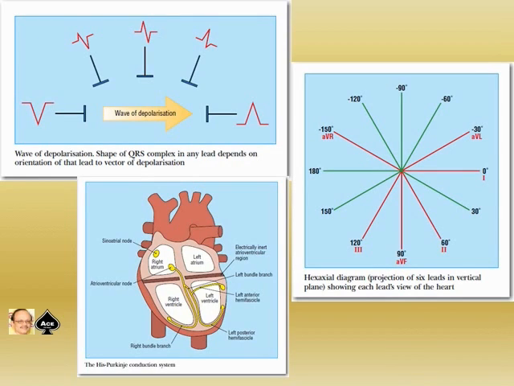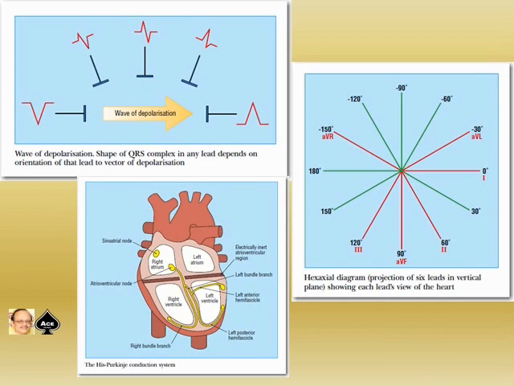AVR, if positive, means it is minus 150, and if there is a positive deflection in AVL, it is minus 30. So if you want to get the negative angle, the difference between 180 and the angle will give that.